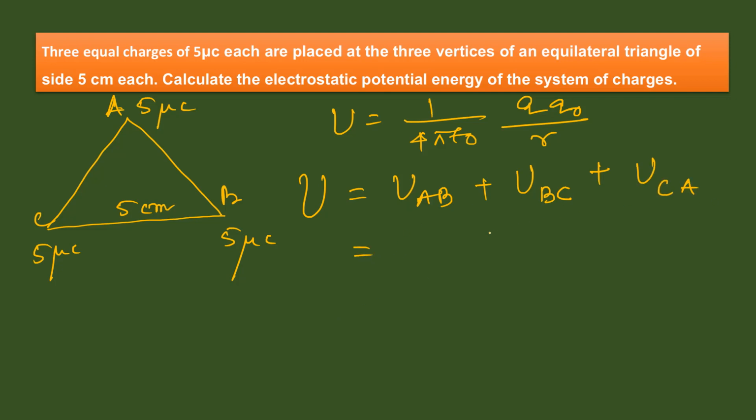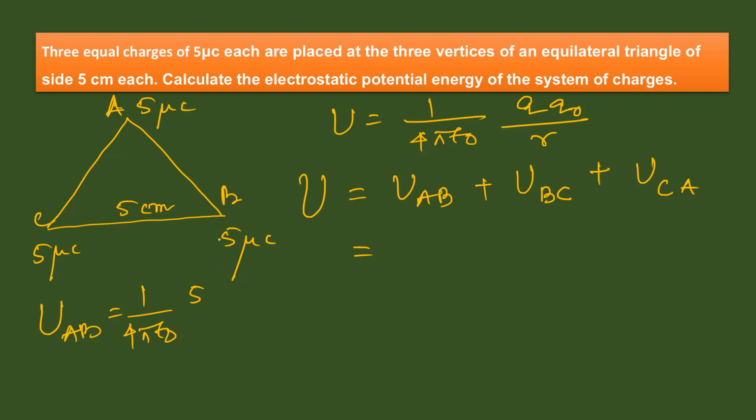So in all of these expressions, one thing is common, that is 1 by 4 pi epsilon naught. But we'll take it common after this line. So in the first line, what will be the value of U of AB? U of AB, that means the potential energy between A and B, is 1 by 4 pi epsilon naught times 5 microcoulomb.